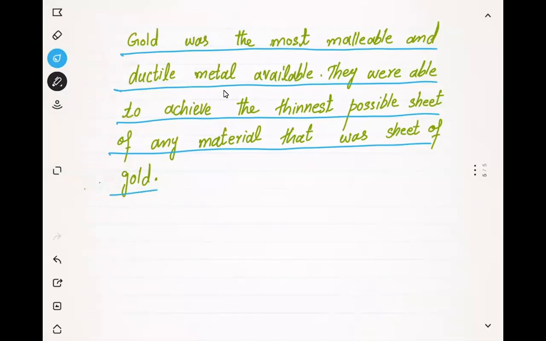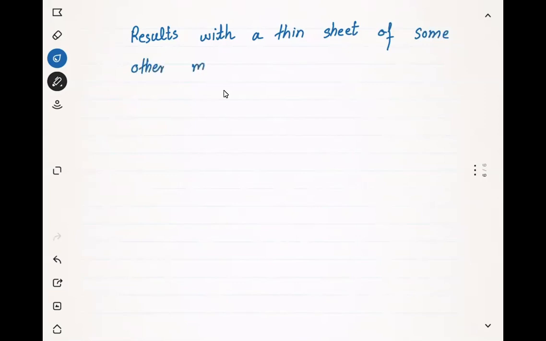So basically what they were doing was, comparing results with gold leaf and results with a thin sheet of some other material.